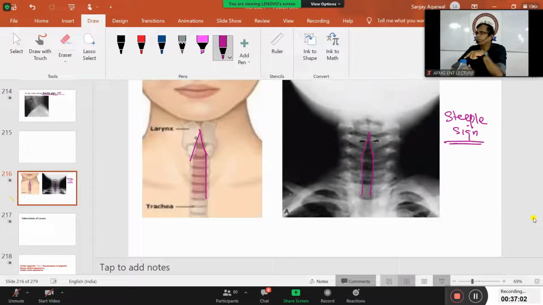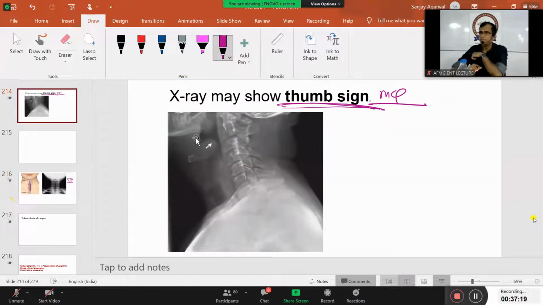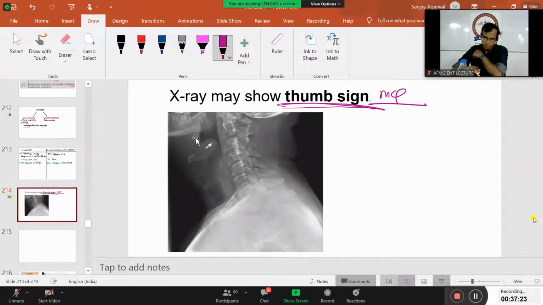This is also called pencil tip sign. Pencil is shaped like this. Steeple, pencil sign. So it is very important to identify these two X-rays. This is steeple sign. This is thumb sign. This is epiglottitis. The other one was croup.